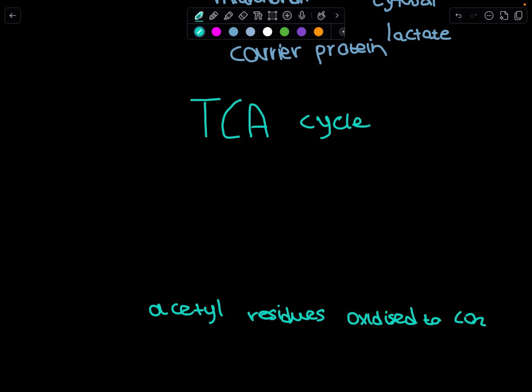GTP can directly fuel cellular processes or transfer its phosphate to ADP to make ATP, depending on the cell's needs. NADH and FADH2 carry electrons to the electron transport chain for ATP production. Clear? Want to focus on NADH, FADH2 roles, or GTP's use?